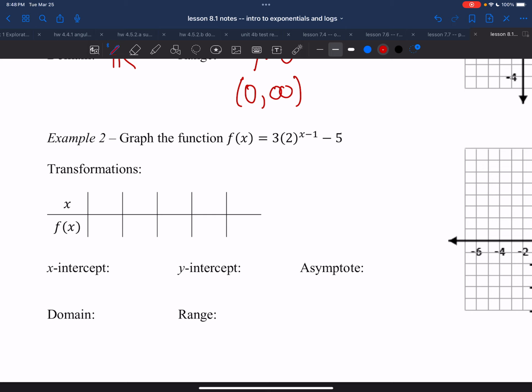If you'd like to try this example, go ahead, do so, but we're just going to pick numbers, and I'm just going to pick good ones, yeah? If I look at this function, there's a few things going on here. The 3 is like your A, the 2 is like your B, and then there's that power x, right?